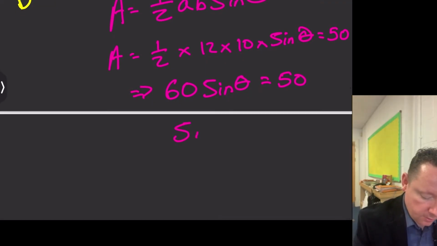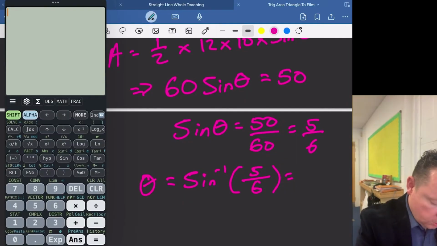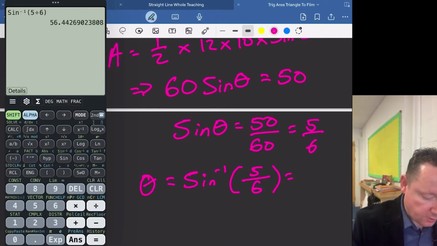Sine theta is equal to 50 over 60, or 5/6. Which means that theta is the inverse sine of 5 over 6, which means I use a calculator. Shift sine, 5 divided by 6 is 56.44, so that's 56.4 degrees, and I'm done there.